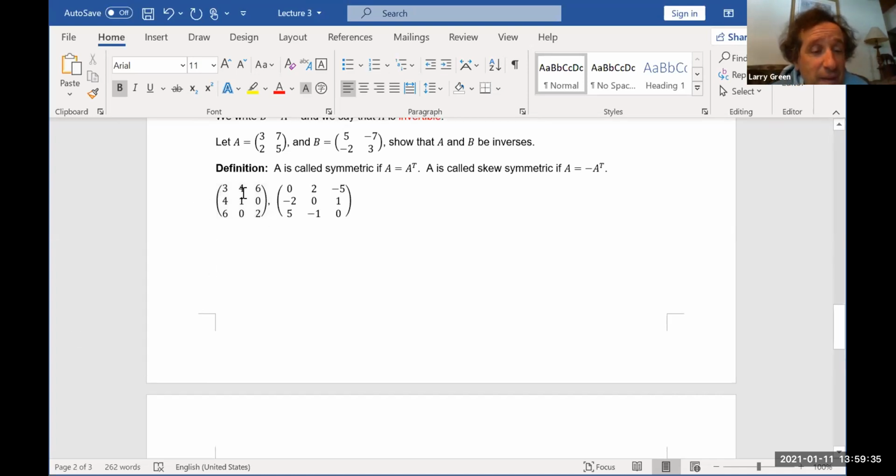Is the first one symmetric, skew symmetric, or neither? What do y'all think? This 3, 4, 6, 4, 1, 0, 6, 0, 2 matrix. Symmetric, skew symmetric, or neither?